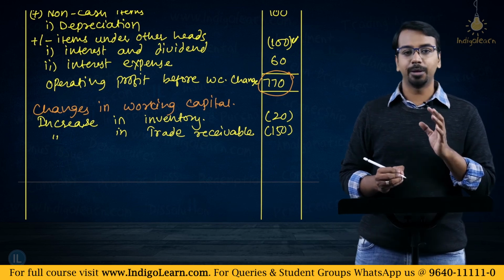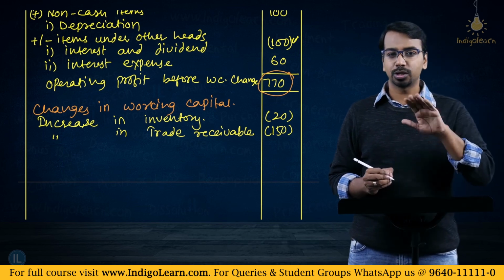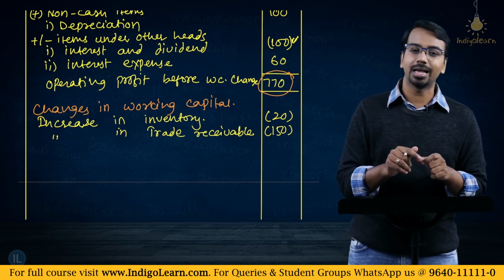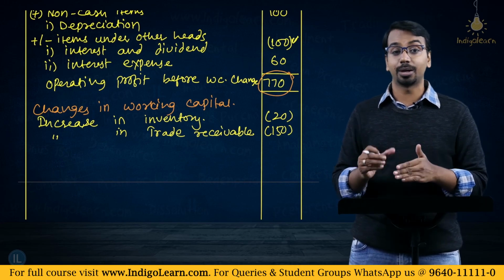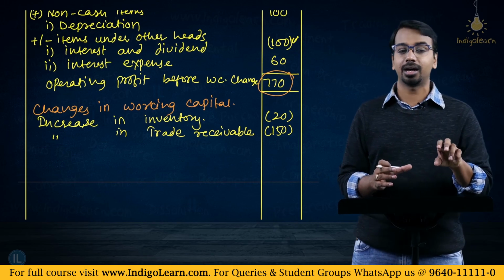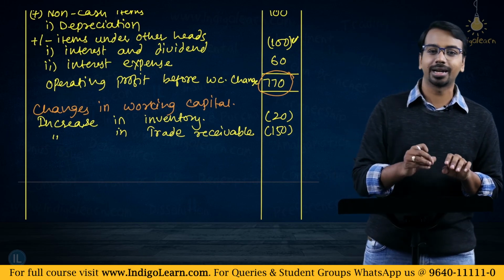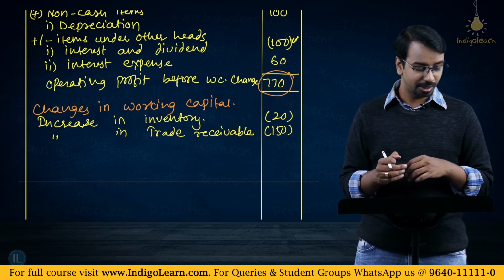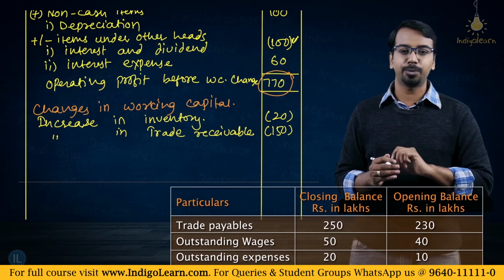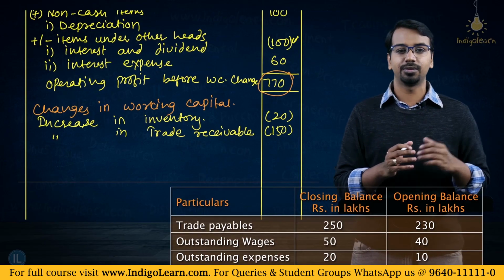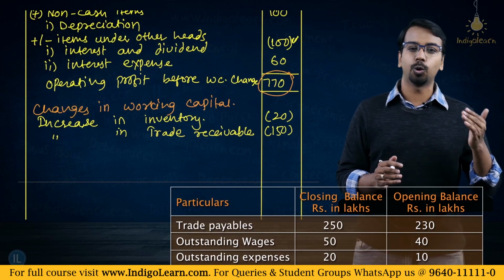Then we have trade payables. It's always better to first tackle the asset items and then go to the liability items, so that you don't miss out on the logic. Sometimes what happens is, while doing increase in debtors, if you give the same treatment for increase in creditors, then your cash flow will not match, right? The next item is trade payables. Again there is an increase, and for trade payables, or for liabilities, we have said we'll see closing minus opening.